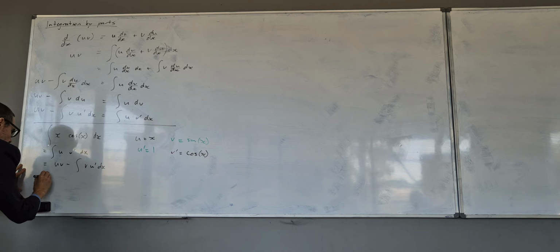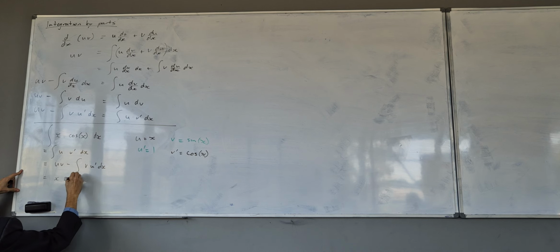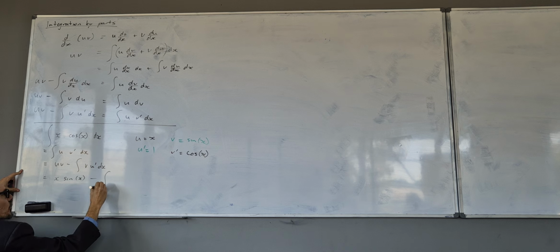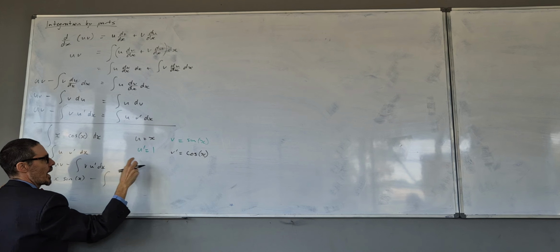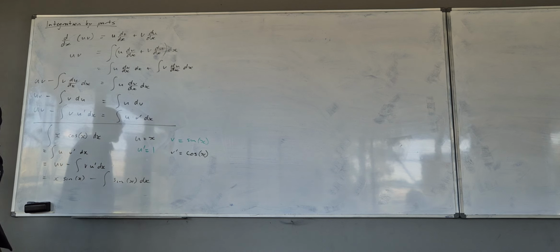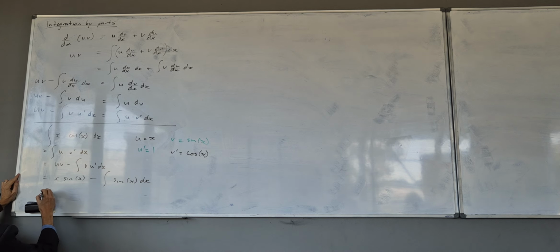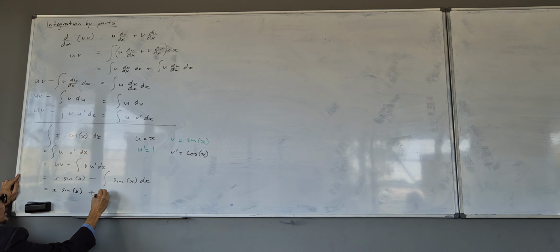Substitute. U times v, x sine x, minus the integral of v u dashed, sine x dx. And look at that new integral, it's much simpler, it's easy to integrate. X sine x minus, no, now plus cos x plus constant.